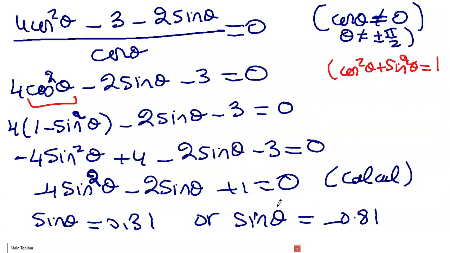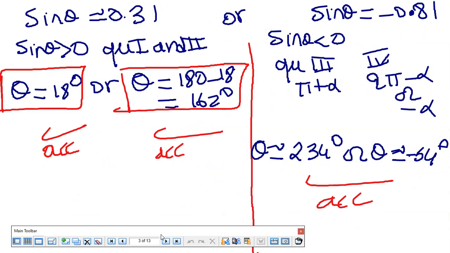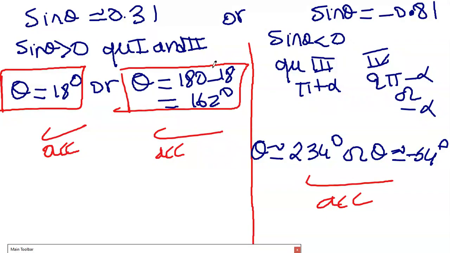And I will have two values for sine. Sine theta is equal to 0.31 or sine theta is equal to minus 0.81. And as usual, every time you have to solve a sine or cosine or any equation, you need to determine the quadrant. Since here I have sine positive, it means I'm working in quadrant 1 and quadrant 2.